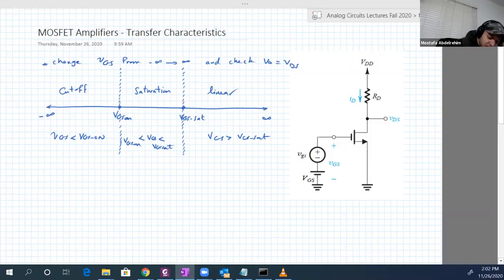So why do I call the first point VGS on? Because this is the point at which the transistor will turn on. I mean, before this point, when VGS is less than VGS on, we have current equal to 0. Okay, so for the first range in which VGS is less than V threshold, basically the transistor is off.